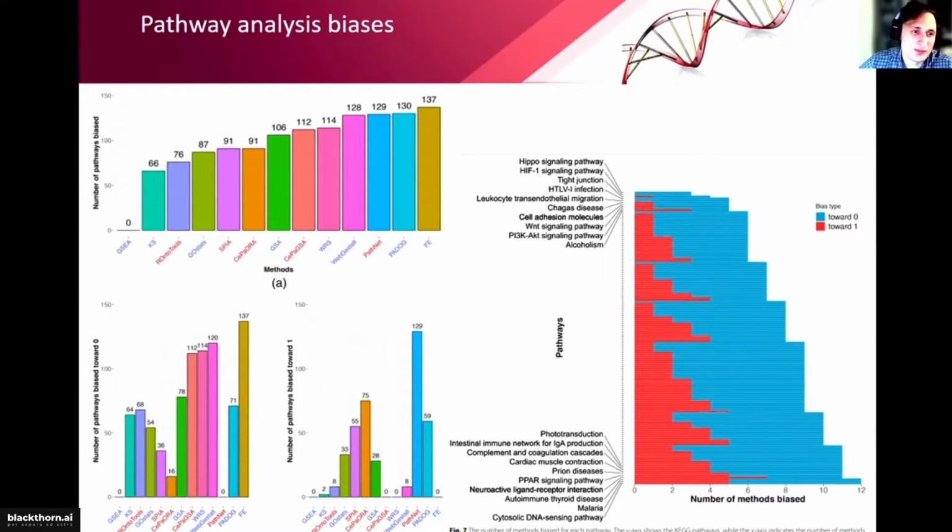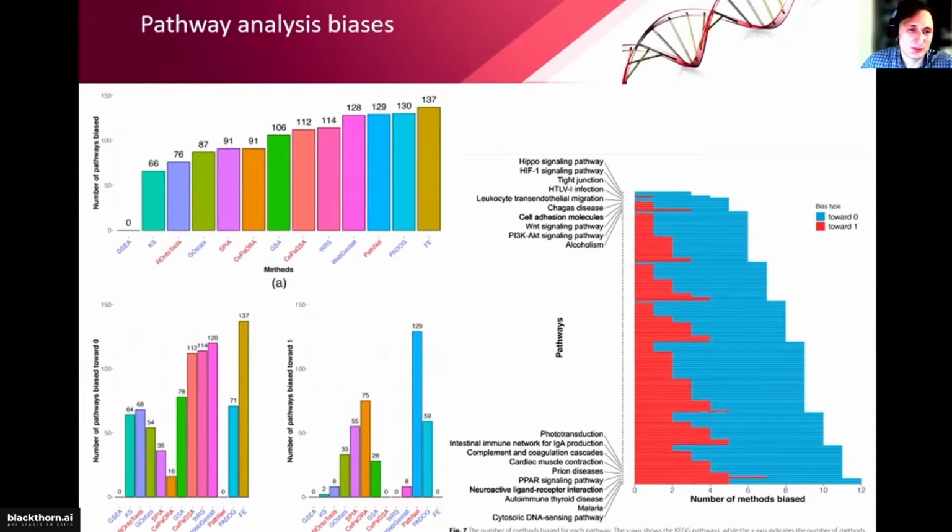And as you may see, the best tool in this case was GSEA. It had zero biased pathways, and the Gerontology tools and SPIA were also not so bad, especially compared with other tools.